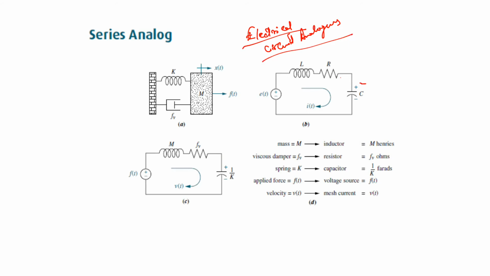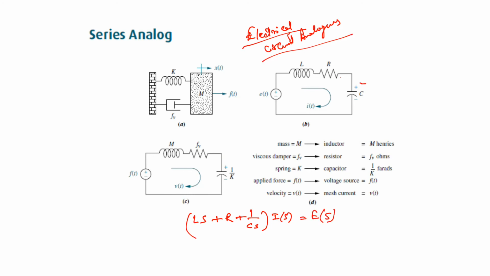As we have already discussed, the Kirchhoff mesh equation for the simple RLC circuit can be written as (Ls + R + 1/Cs) I(s) = E(s).